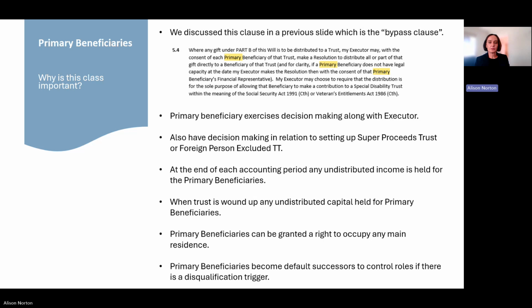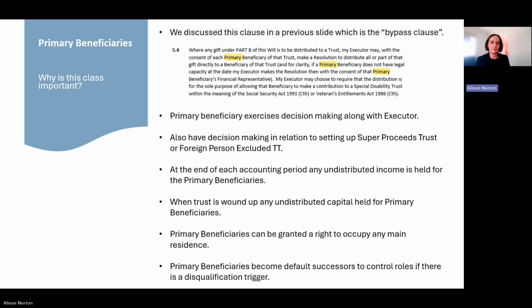They are entitled to any undistributed income at the end of each accounting period. And the primary beneficiaries are also entitled to the undistributed capital when the trust ends, if there is any. Primary beneficiaries can also be granted a right to occupy any main residence that's held inside the trust.